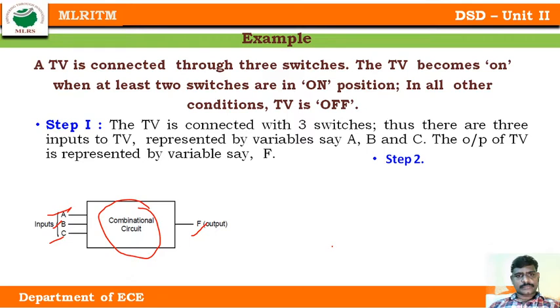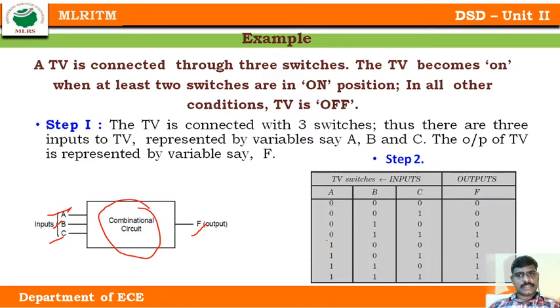What is the next step? Forming a tabular form. I have a table with the TV switches taken as inputs, and the output is F. So when should the TV be on? Whenever I have 2 switches on. Here B and C are on, TV is on. Here only C is on, TV is off. Then A and C are on, TV is on.